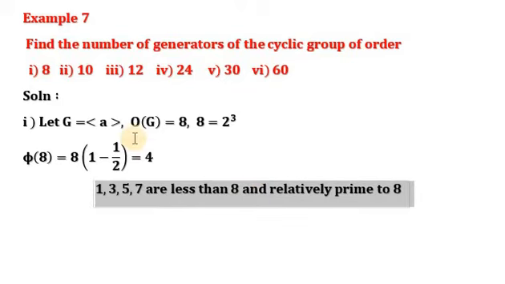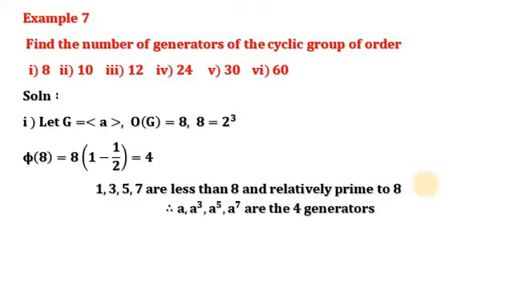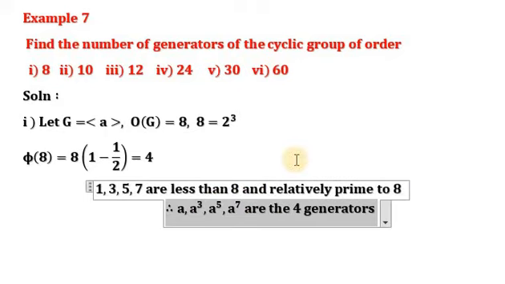So the generators of the group of order 8 are 1, 3, 5, 7, which are less than 8 and relatively prime to 8. Therefore, since we have taken A as a generator, A power of 1, A cube, A power of 5, A power of 7 are the 4 generators.